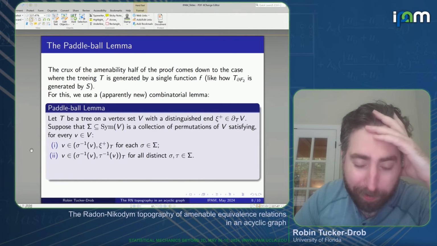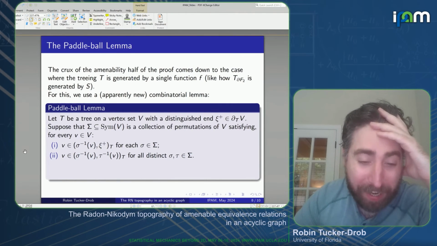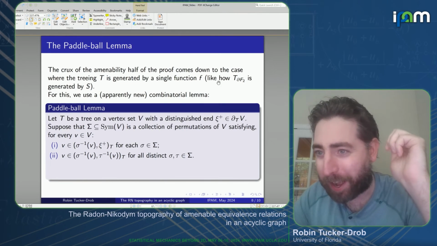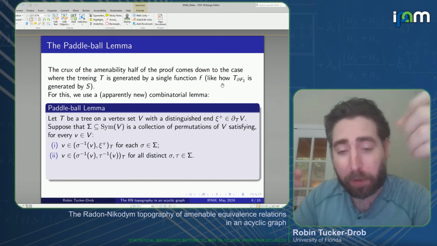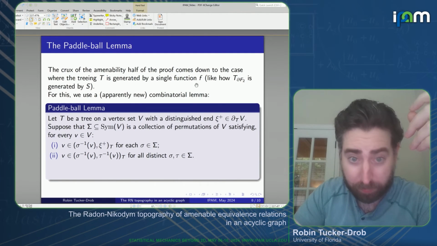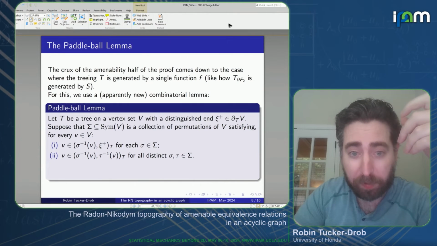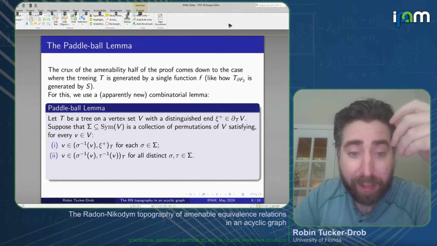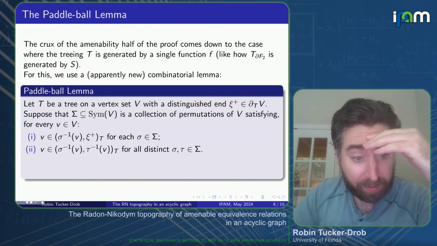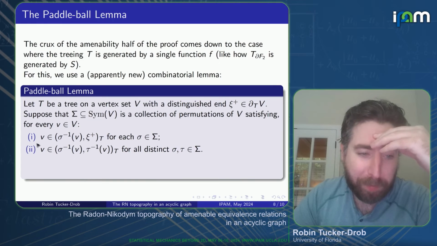So this is where the picture would be nice. It is a simple picture to draw. I hope from this description people maybe can see the picture. One of the important things here is that this is holding for every vertex V, not just for some vertex.